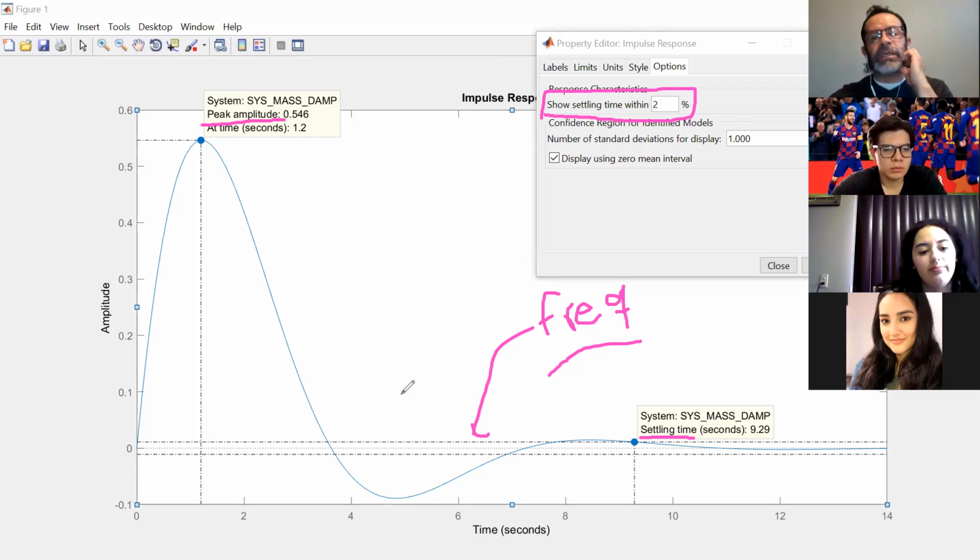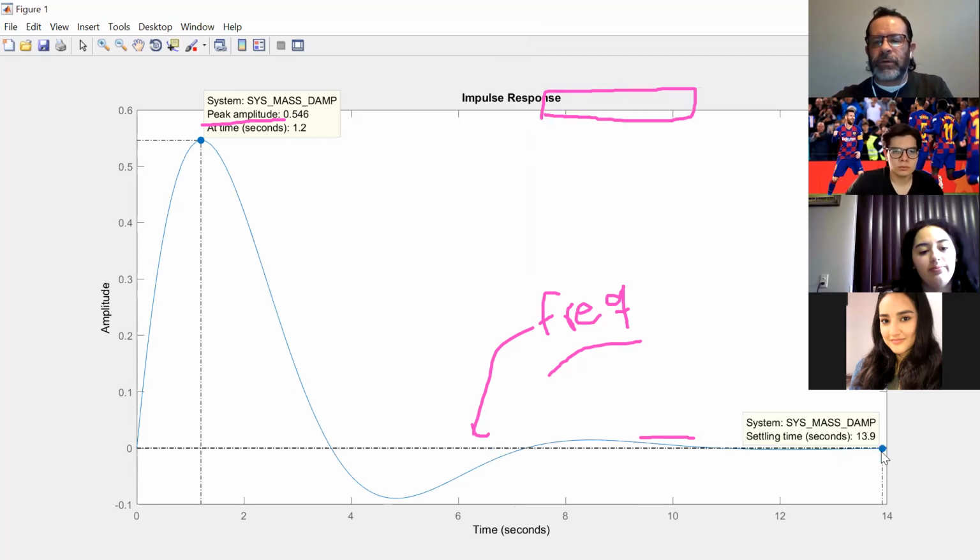I can play around with this and say I want more precision. I'm going to really exaggerate, 0.1%. And there it goes. We went to 13.9 over here. We can play around with that. Eventually, we're going to get to some mathematical formulas that define these things.